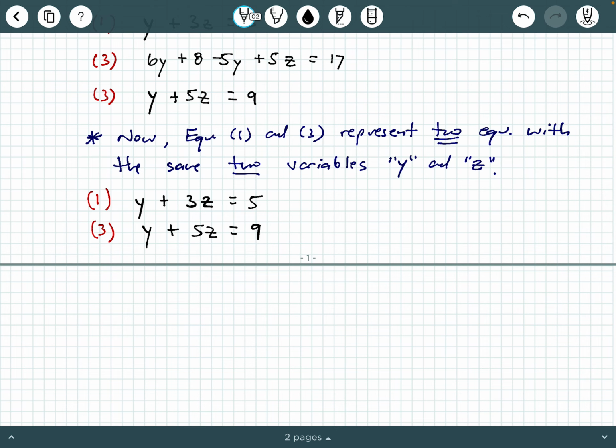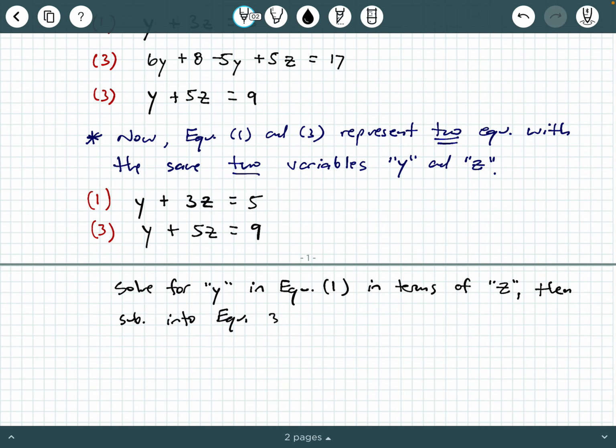And again, I'm going to do a similar substitution process. I'm going to solve for y in equation 1 in terms of z, and then substitute that into equation 3.